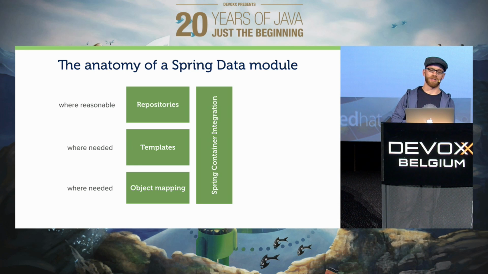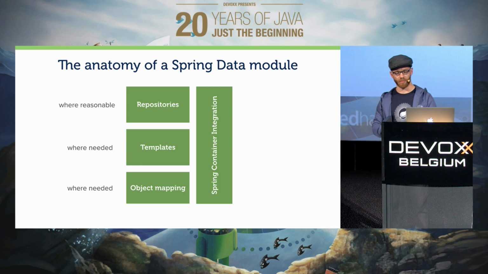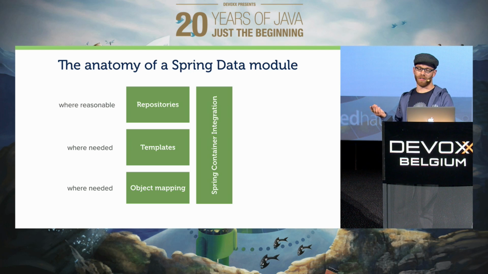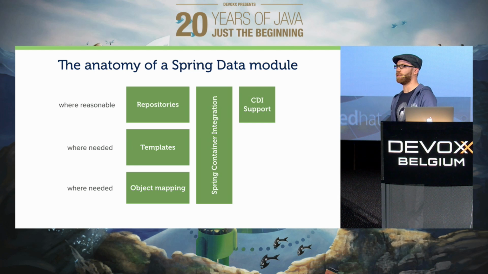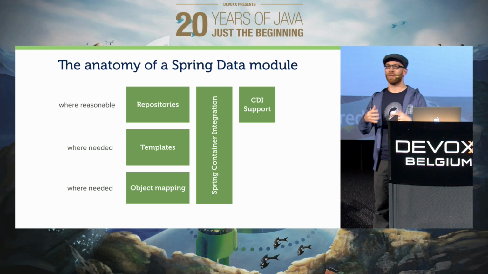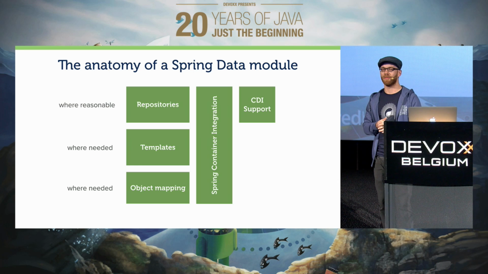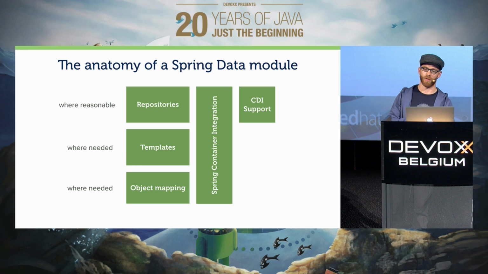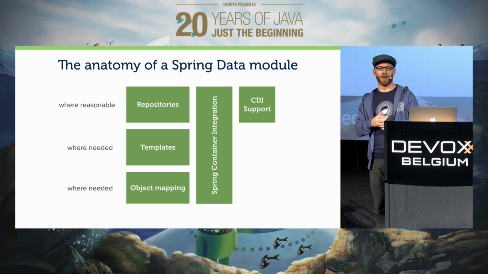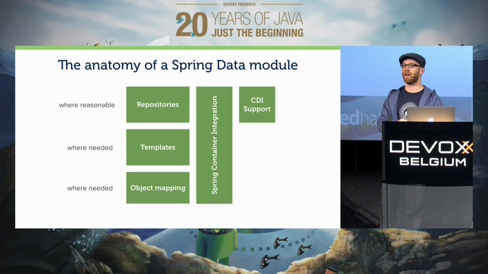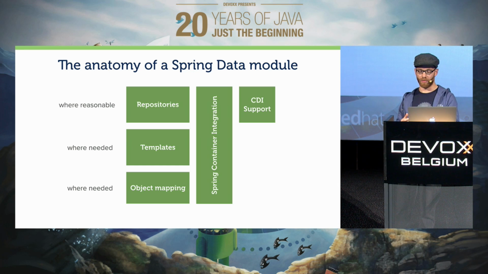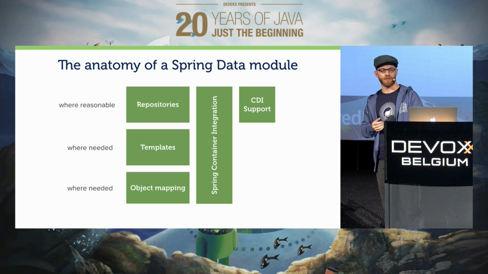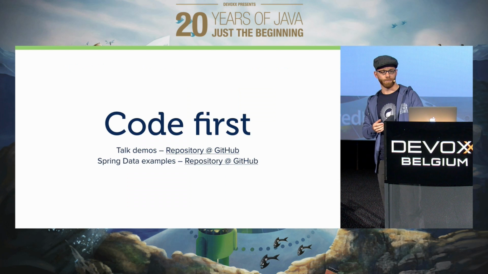It relies on Spring as a library, of course, but that doesn't mean it's really coupled to it, which allows us to also provide CDI extensions for most of the modules, so that even if you're running in a Java EE 6 web server or application server with no Spring whatsoever, you can just take the Spring Data libraries, dump them into your classpath, and use them, which is actually done by quite a few people. And yeah, that's basically it.